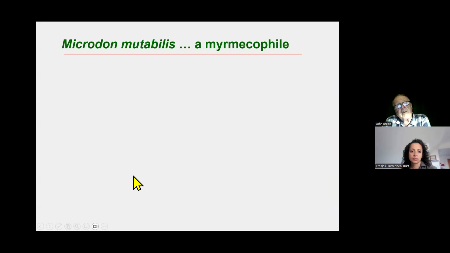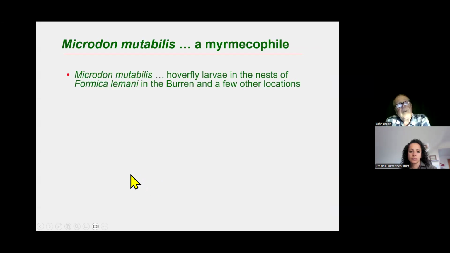And this is an interesting hoverfly that occurs in the Burren. And there have been some papers published because I was involved with some of the people from England who were doing research on this hoverfly some years back. And there are some papers on the species in the Burren. So it occurs with the black formica in the Burren.